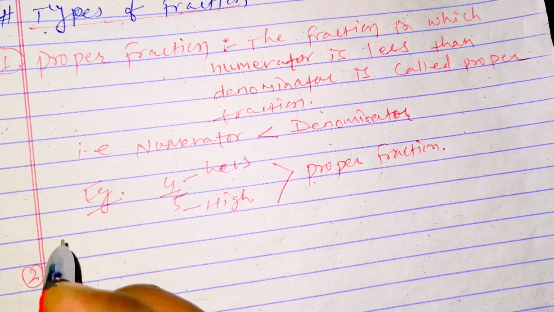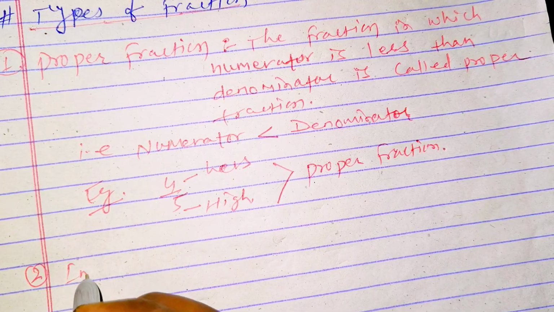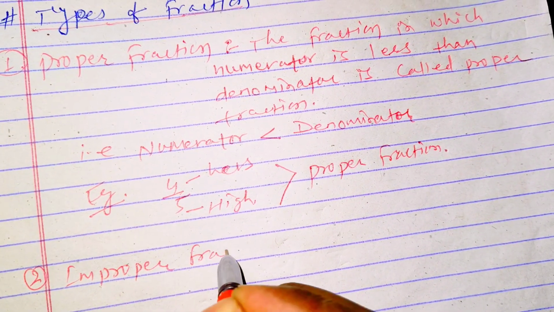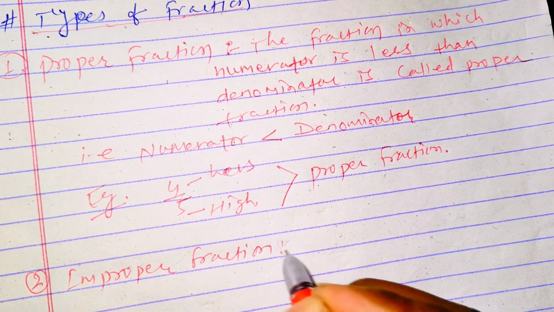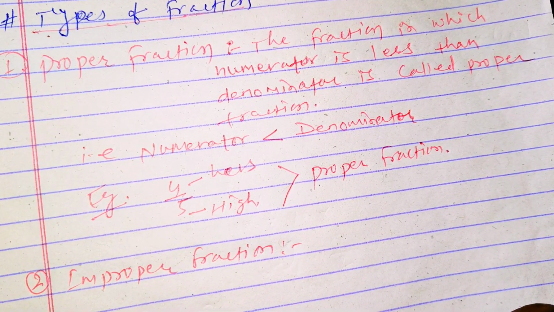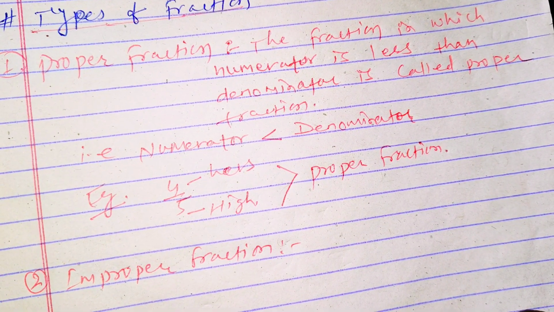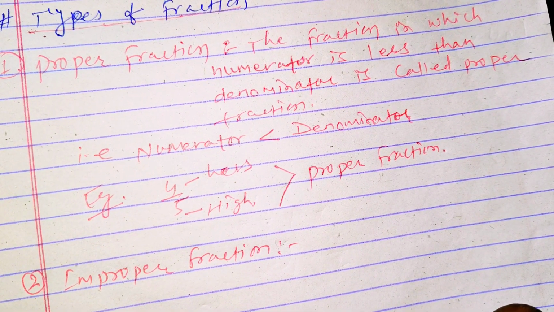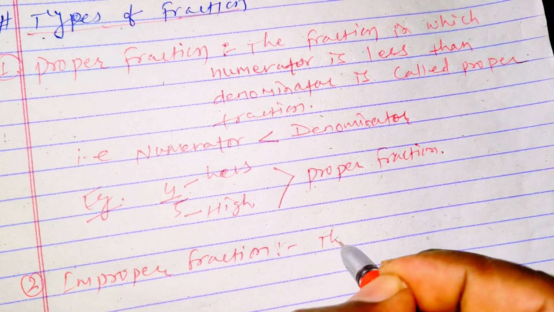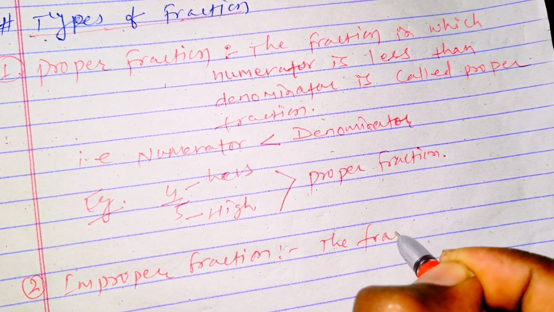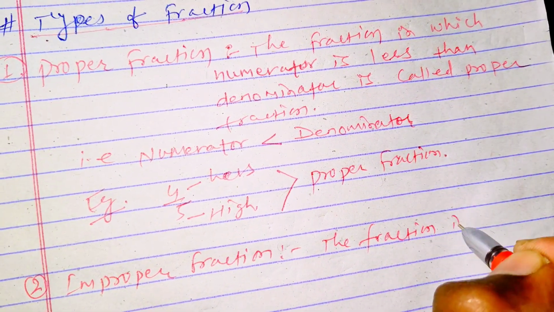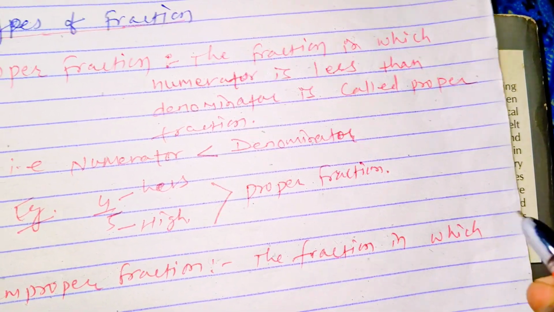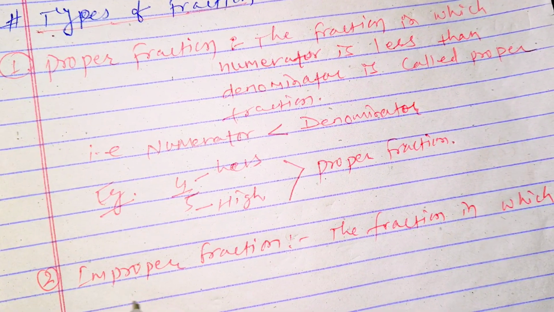Now let's talk about the improper fraction, type 2. What is an improper fraction? The fraction in which the numerator is greater than the denominator is called an improper fraction.